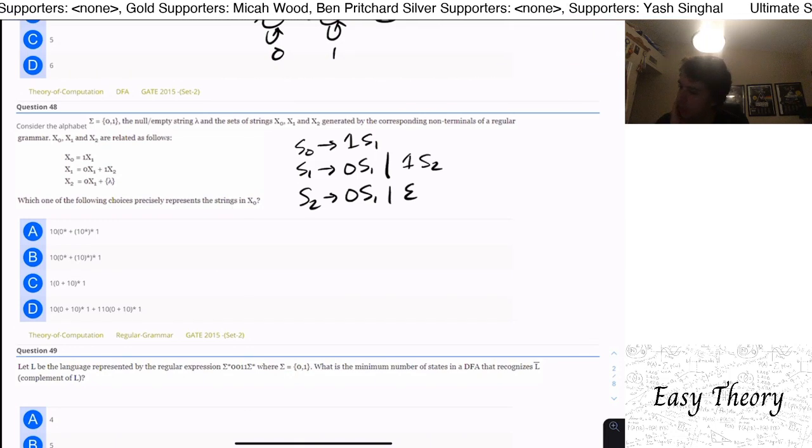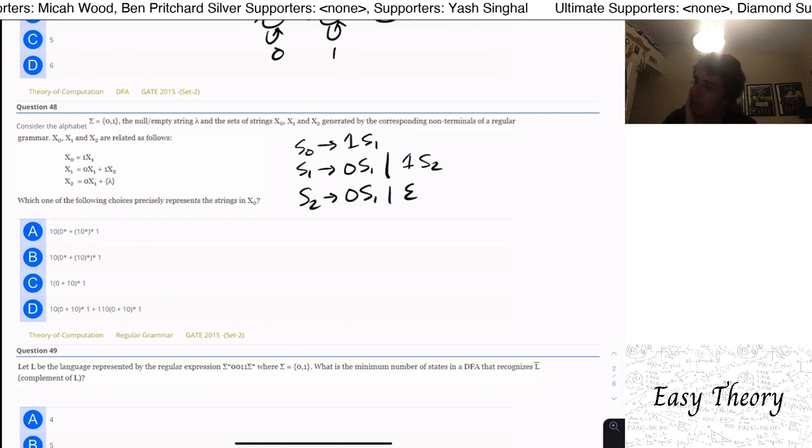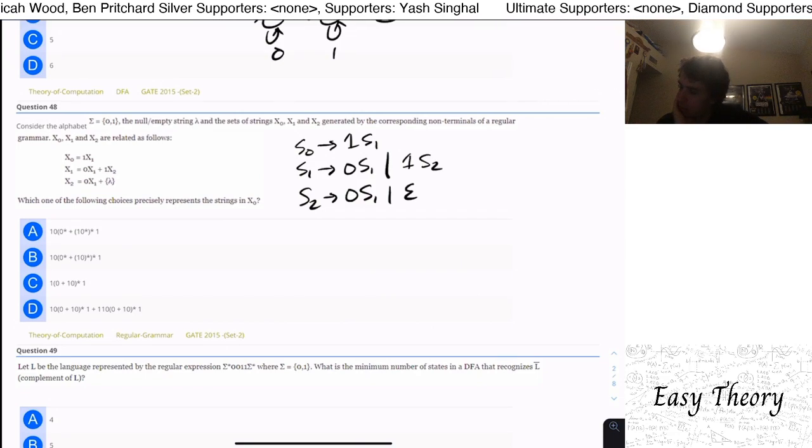We can't end with a 0. That doesn't help. How can we get this? I mean, we can convert it to a NFA and then convert that to a regex, but that's not the point. And that actually wouldn't help very much.